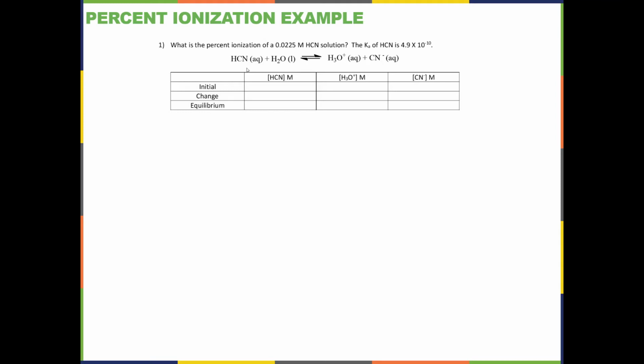Percent ionization is the percentage of this that turns into this. So instead of looking at pH or Ka like we did in the previous examples, in this example we're simply calculating the percent ionization. It's basically the same thing, you just do slightly different math at the end. But I still think it's worthwhile to do one example.